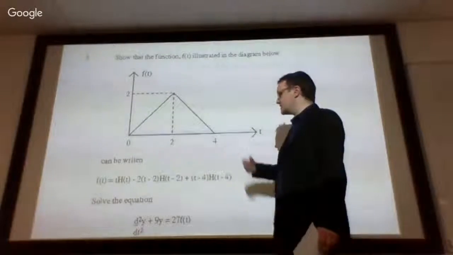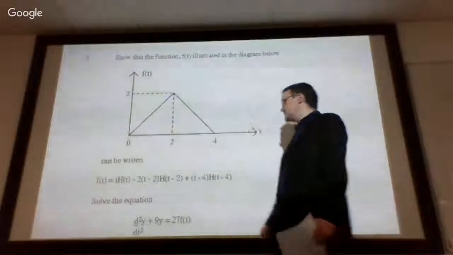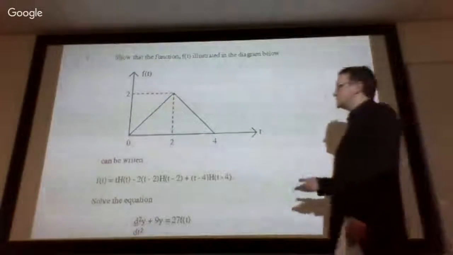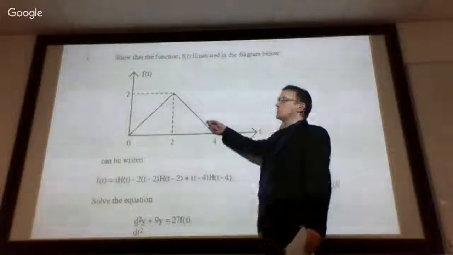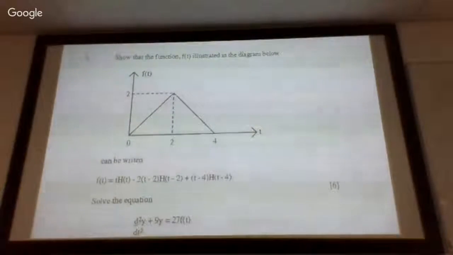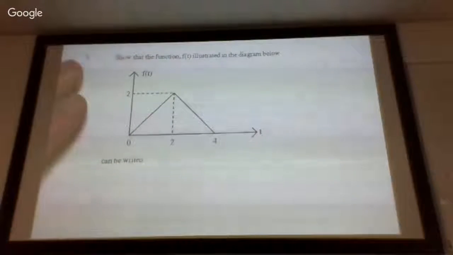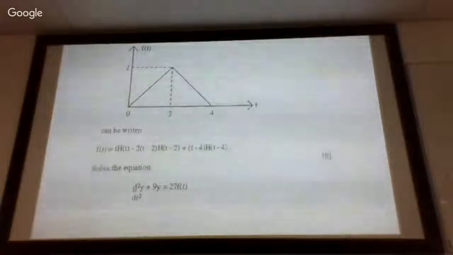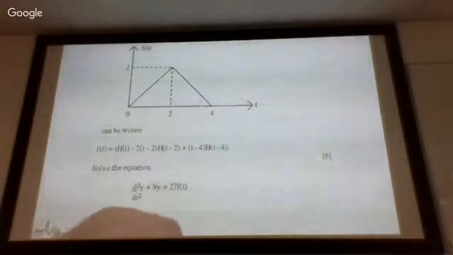And then to take this result to go on and solve this differential equation, d2y dt squared plus 9y equals 27 f of t, where f is this function displayed in the graph up here. So it wants us to solve this differential equation.